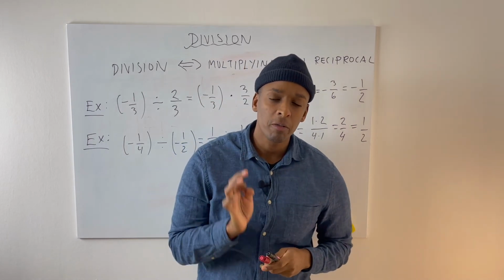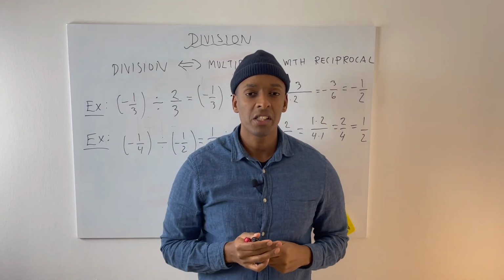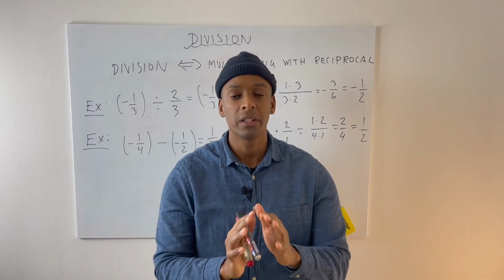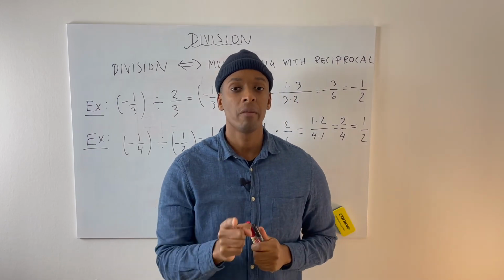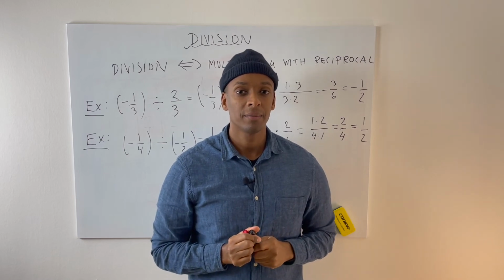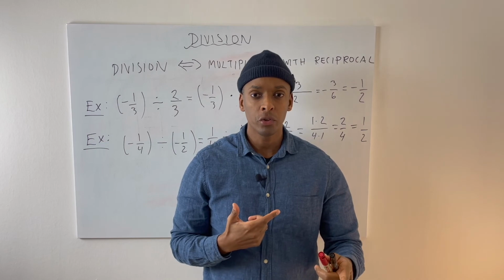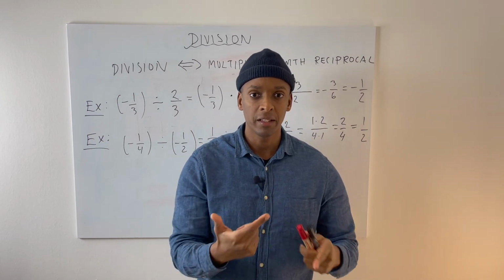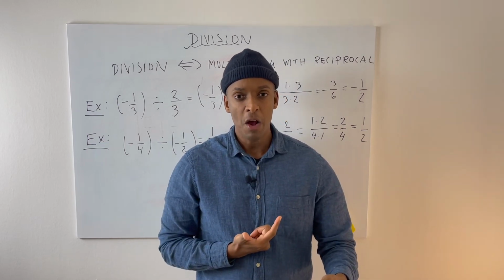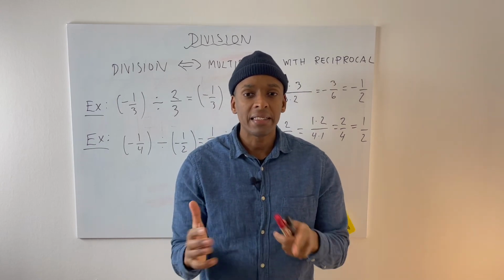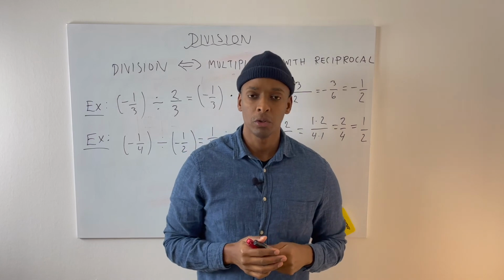I want you to remember that. Mathematicians say it's not defined. Division by 0 is not defined. Then we developed a cheat code for dividing positive and negative numbers, and it looks exactly the same as for multiplication.